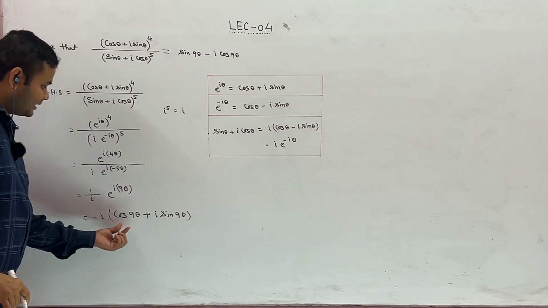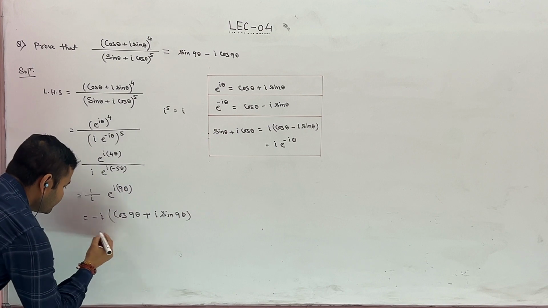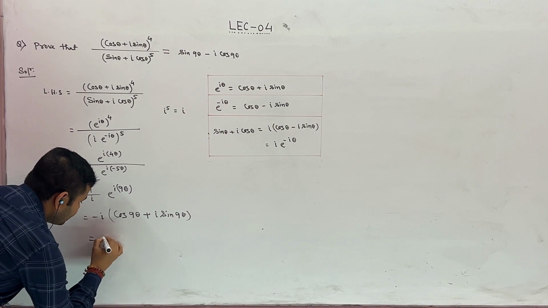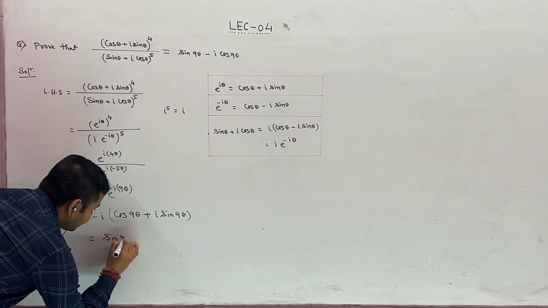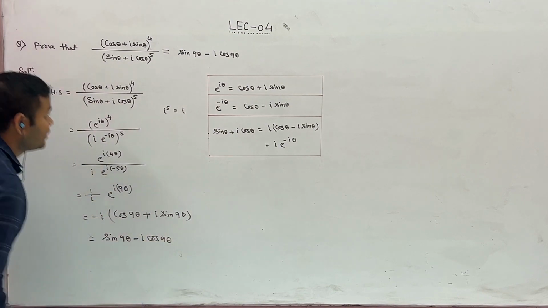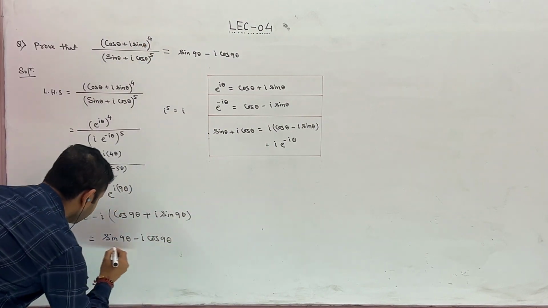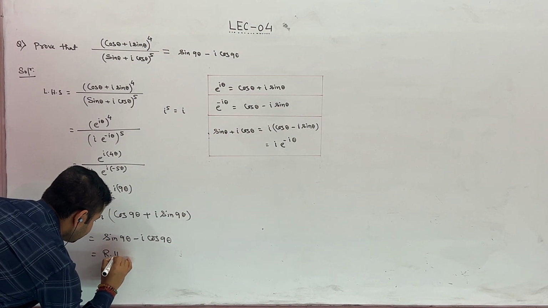Let us multiply this expression by minus iota. If we multiply, then we will finally get sin 9 theta minus iota cos 9 theta, which is the right hand side of our problem. Right hand side. Proved.